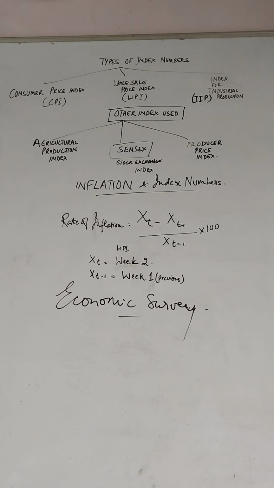Now we have done all of this. If you just listen to my previous classes, we have estimated index numbers, say the simple index, the weighted index, the consumer price, the wholesale price, and all of that.